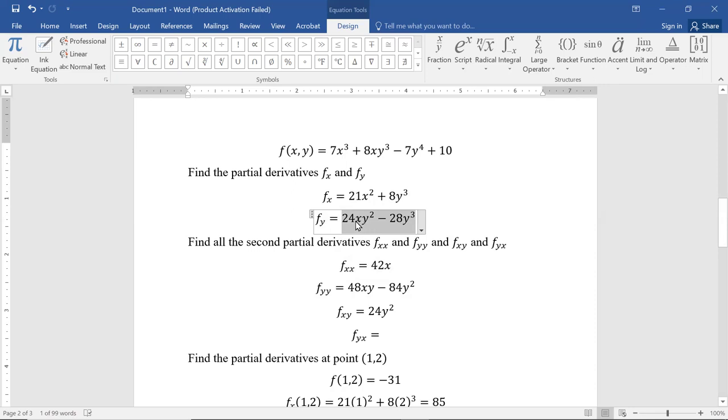This y squared I could put in front of the x like a coefficient. And because this is a constant in the place of where the coefficient would be, taking the derivative of a constant times x just gives you the constant times 1. So I get 24y squared.